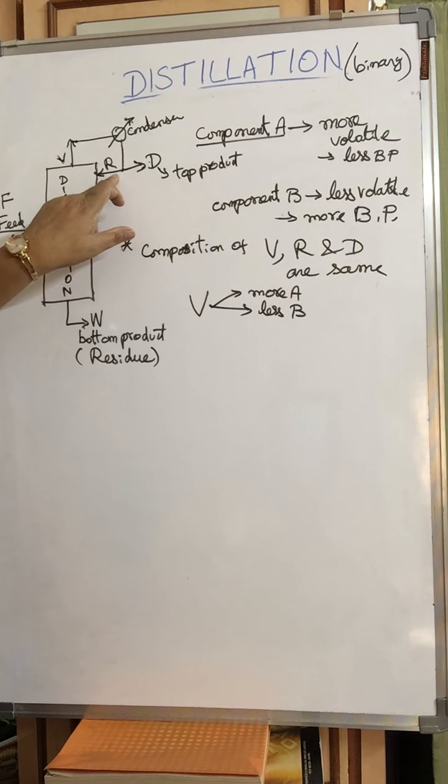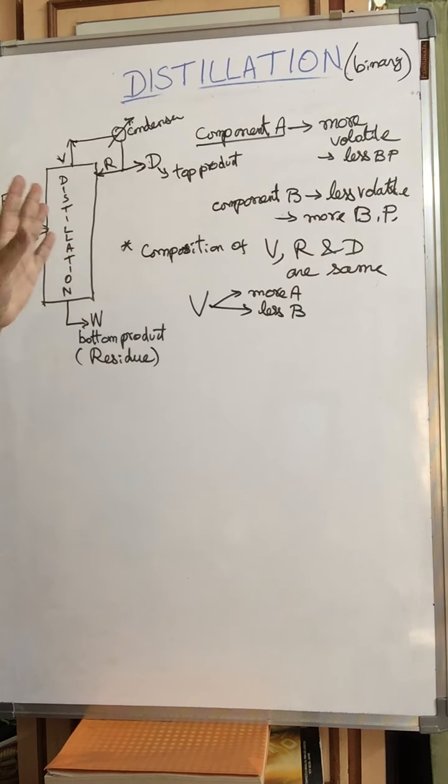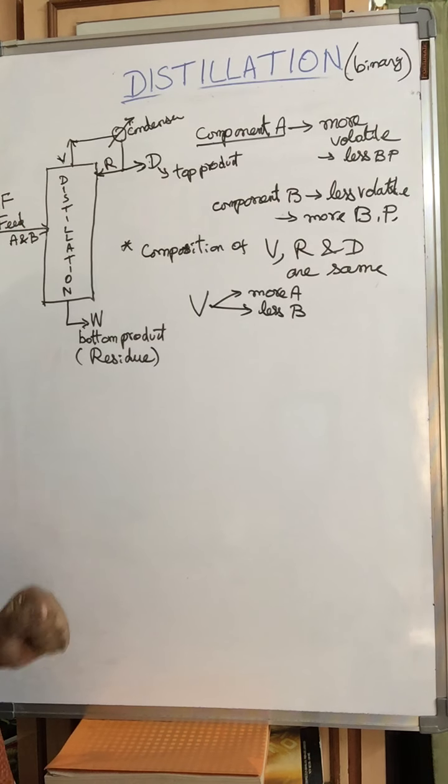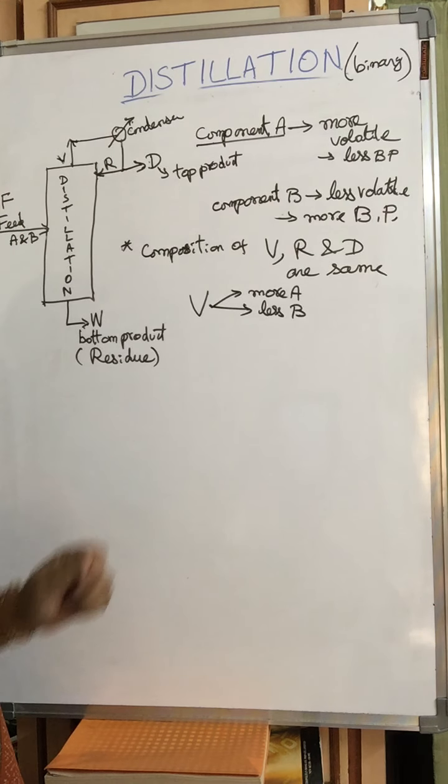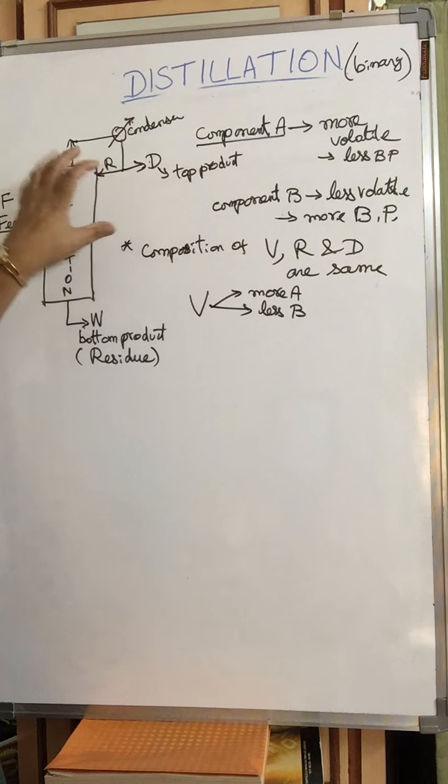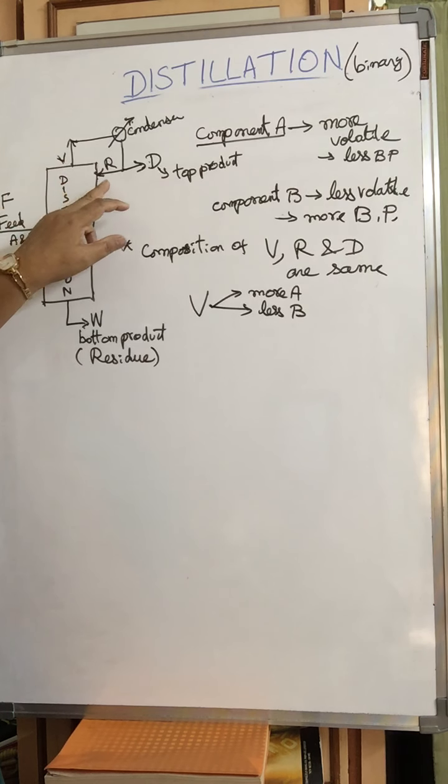Whatever vapor is formed, the same amount will be condensed here and the same composition of solution is formed. But some part is refluxed back, because in the distillation column, as you will study in mass transfer, we cannot run the column without this reflux.